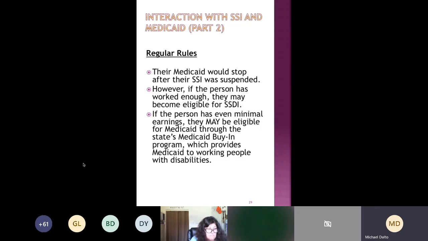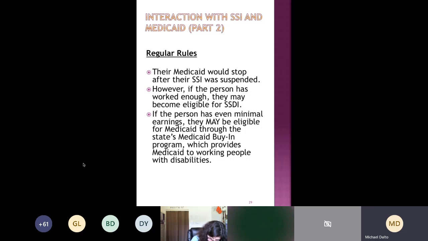Now, suppose, though, that person whose SSI stopped and their Medicaid was about to stop, or maybe already did stop due to their unemployment benefit, at that point, that person may have worked long enough to become eligible for a different disability benefit known as SSDI, Social Security Disability Insurance.